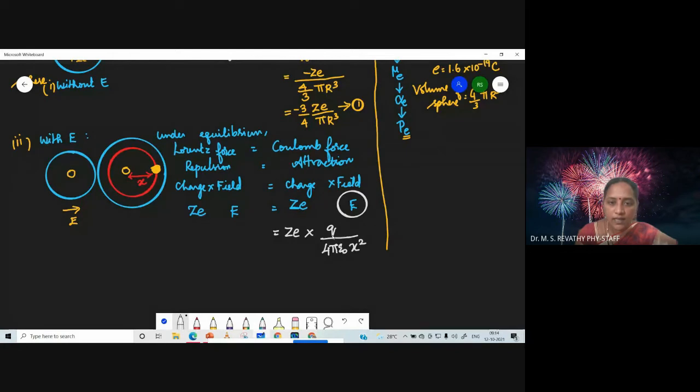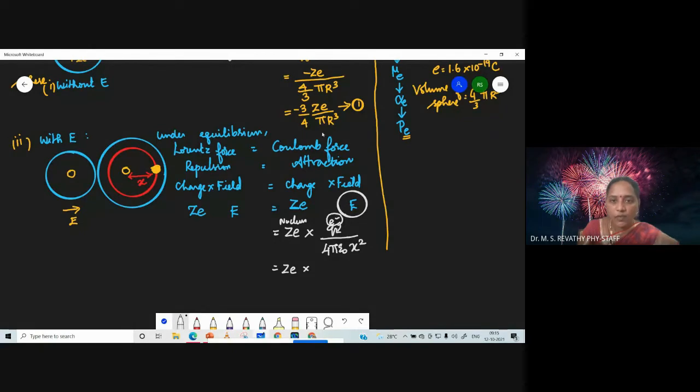Here the charge. So actually in Coulomb force there should be two charges, either positive and negative, or both the same charges. In an atom we have two charges: one is positive and the other one is negative. The positive comes from the nucleus and the negative comes from the electron cloud. So then we have to find out the charge value for the electron cloud. But we have found out the charge density of the electron cloud in the beginning, without the application of the electric field.